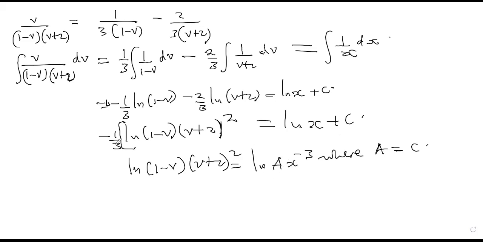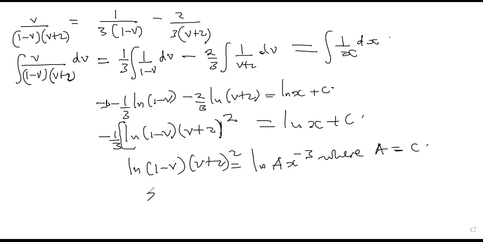This 3 came this side, negative, so that's why I'm having ln a x power negative 3. It means that this negative 3 is the power here, but then this is like ln a. So when you're adding, of course, you have to combine them.